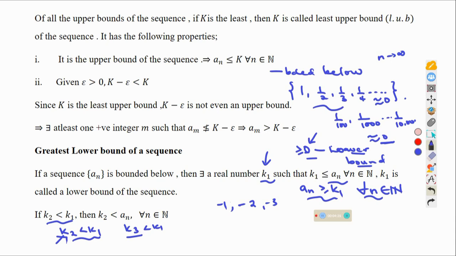So if 0 is the lower bound, but there are other numbers less than 0, it means the terms an will be greater or equal to all those numbers that are less than 0. So how do we call such numbers?